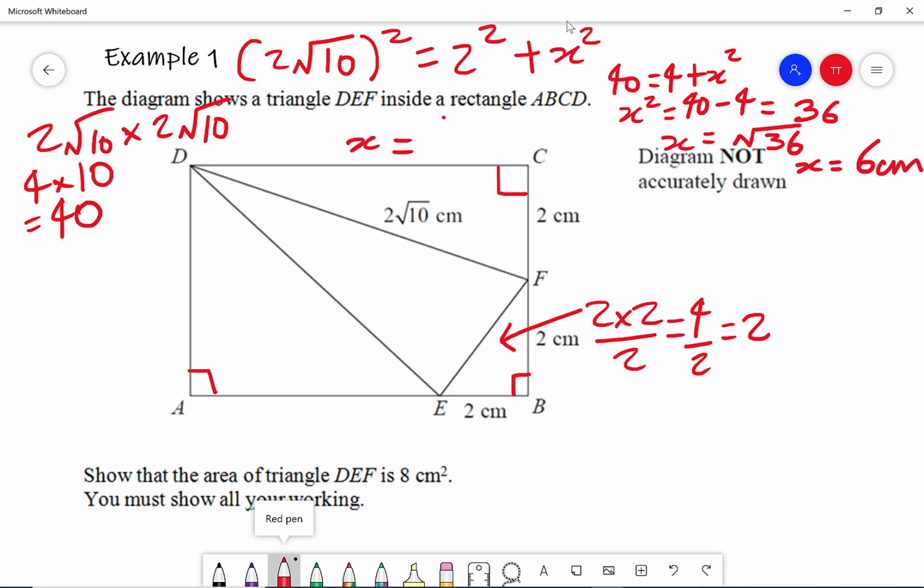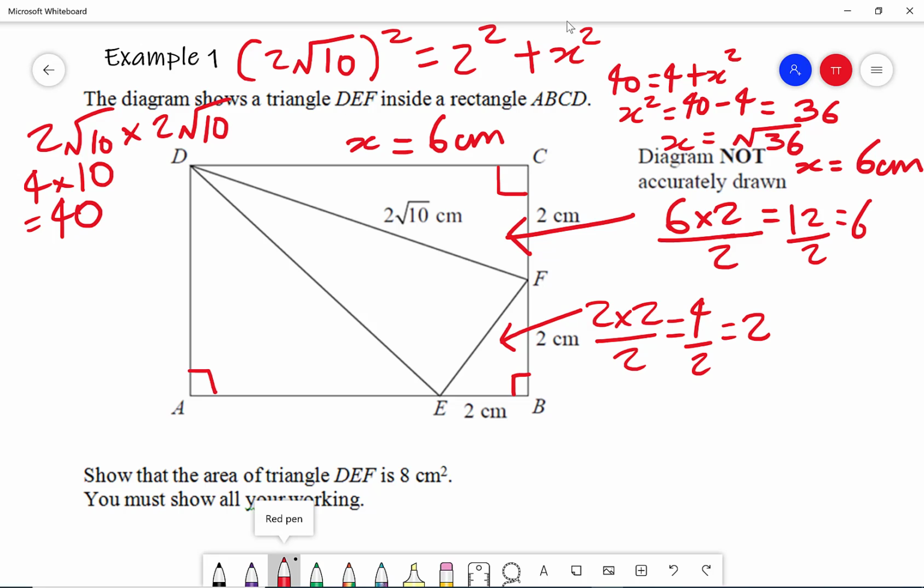So I know what DC is now. So I can work out the area of triangle DCF by saying it's going to be 6 times 2, because the base is 2 and the perpendicular height is 6. So 6 times 2 divided by 2 will give me 12 over 2, which is 6 centimeters squared.